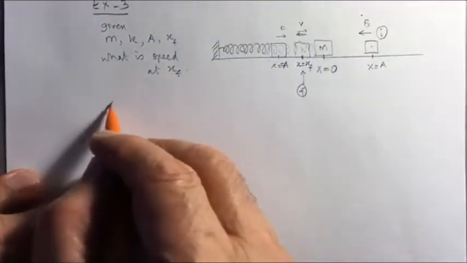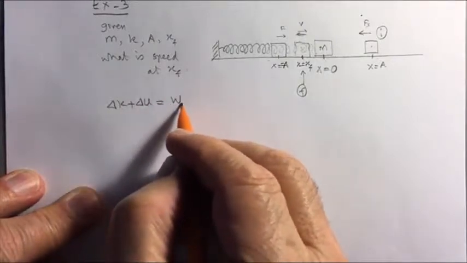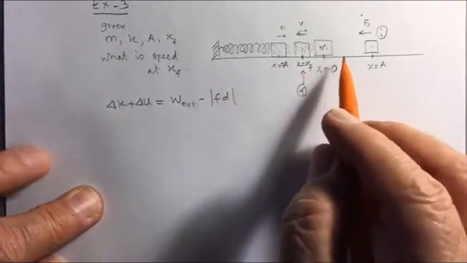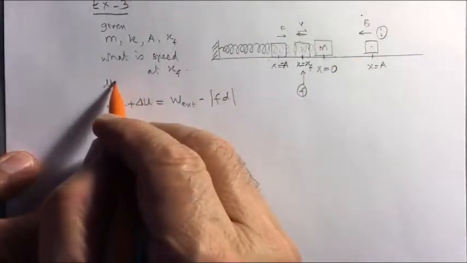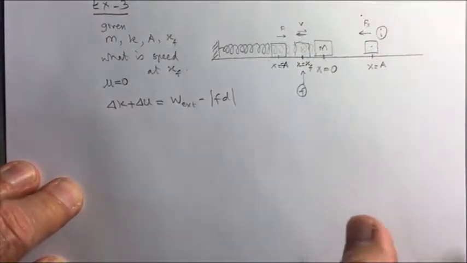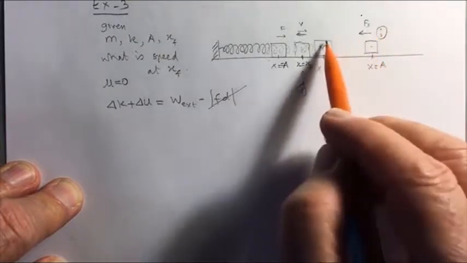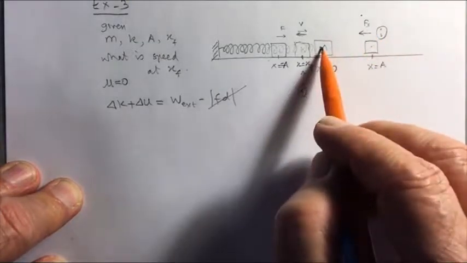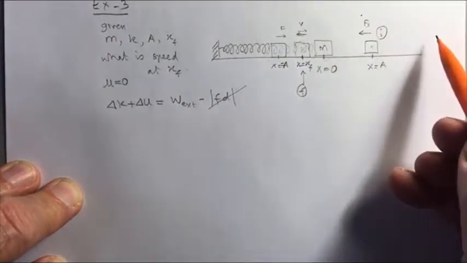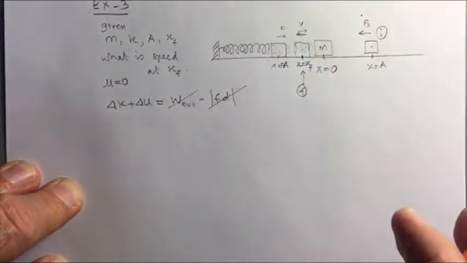So we write the equation delta K plus delta U equals the external work minus F d. In the first case we'll assume that the friction is 0, so there's no friction, in which case this will be 0. There's no external force, because after pulling it here, when there was external work, once it's released, it keeps going by itself. It's an internal force, so there's no external force.